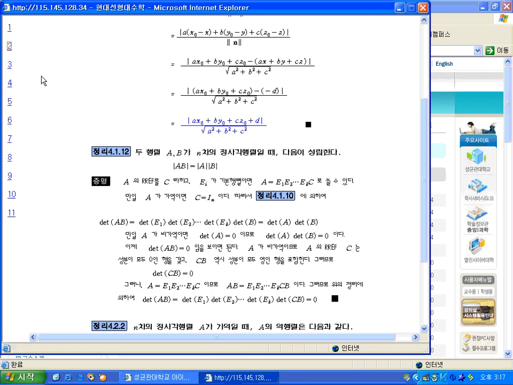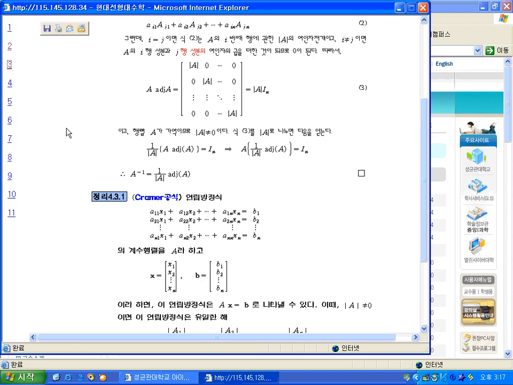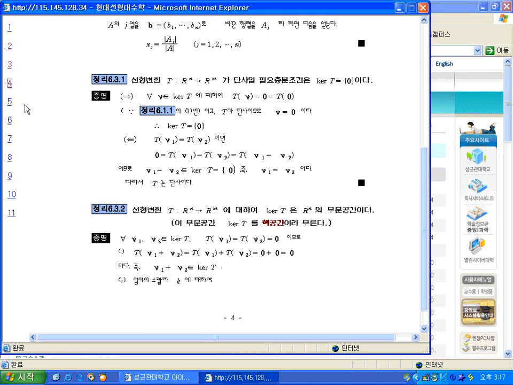Those are the main theorems and the full details of the proofs that you can easily recall.